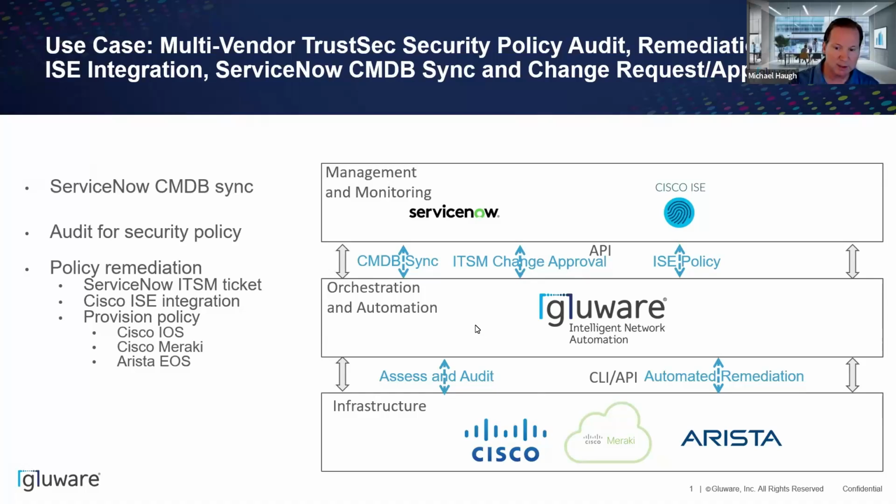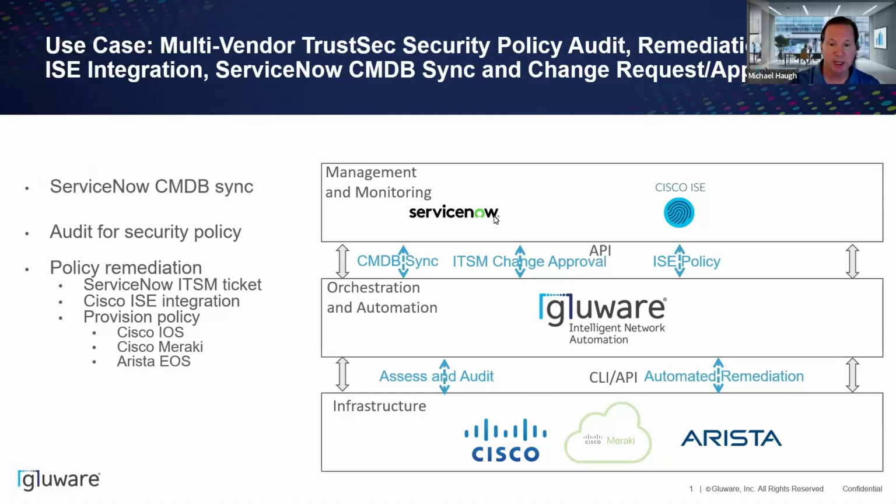In the first phase of the demo, we're going to be integrating one additional component, which is integration with the northbound side, which is really considered the management and monitoring layer. Two components in this demo include ServiceNow.